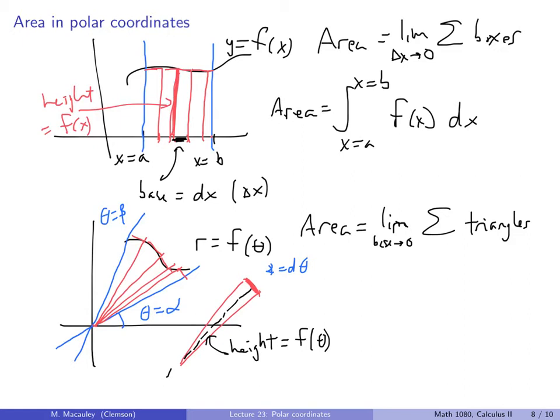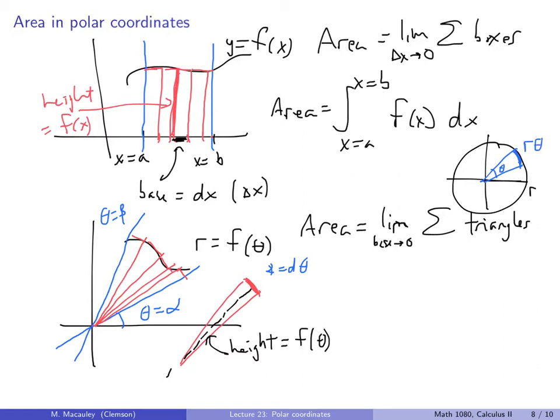What if I have a circle of radius r, lowercase r, and I have a little angle, this is angle theta, then this arc length is just r times theta.